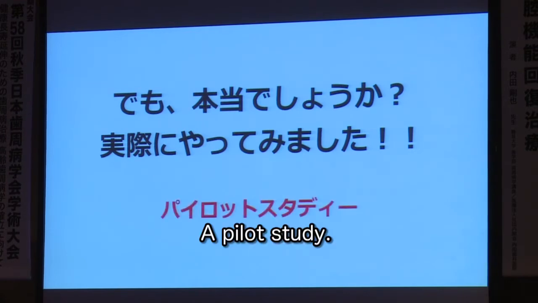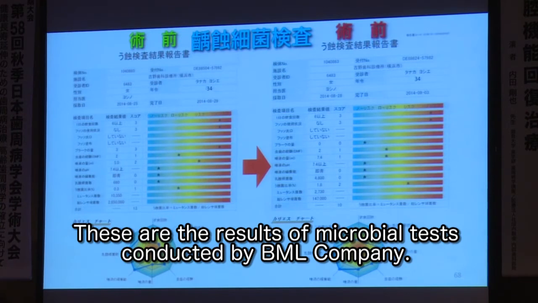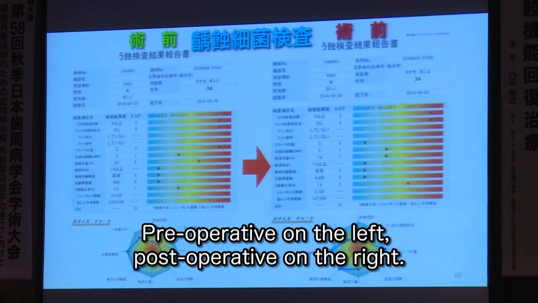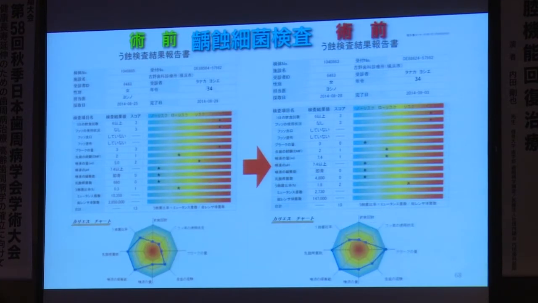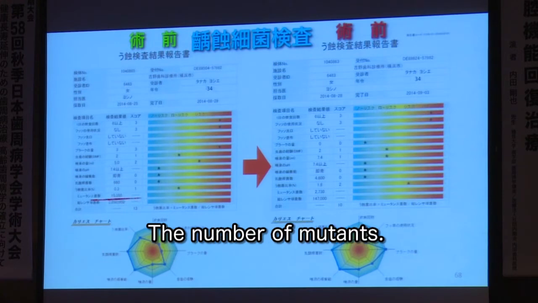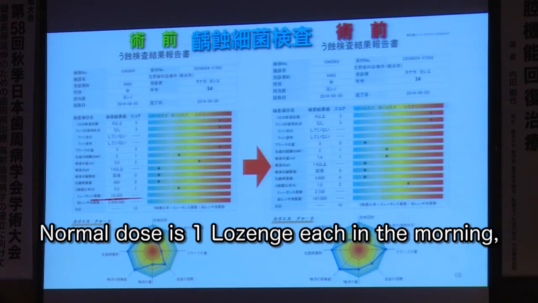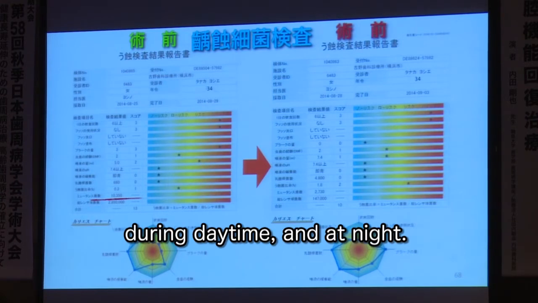A pilot study. A patient with severe dental caries. These are the results of microbial tests conducted by BML Company. Pre-operative on the left, post-operative on the right. Take a look at this here. The number of mutants. The patient took lozenges. The normal dose is 1 lozenge each morning during daytime and at night.